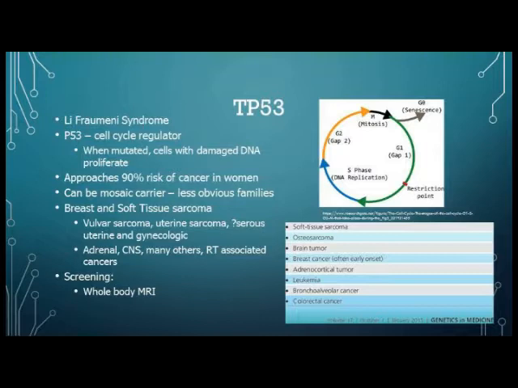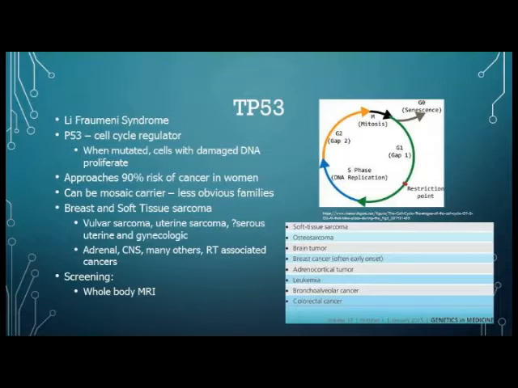So with this, you're thinking actually more sarcomas. This is one that's a little different. For us, you're looking a lot at vulvar sarcoma, as well as you can get a uterine sarcoma, and there's some question of some other serous cancers with gynecology being associated. And this is a list of the most common cancers that these patients get.